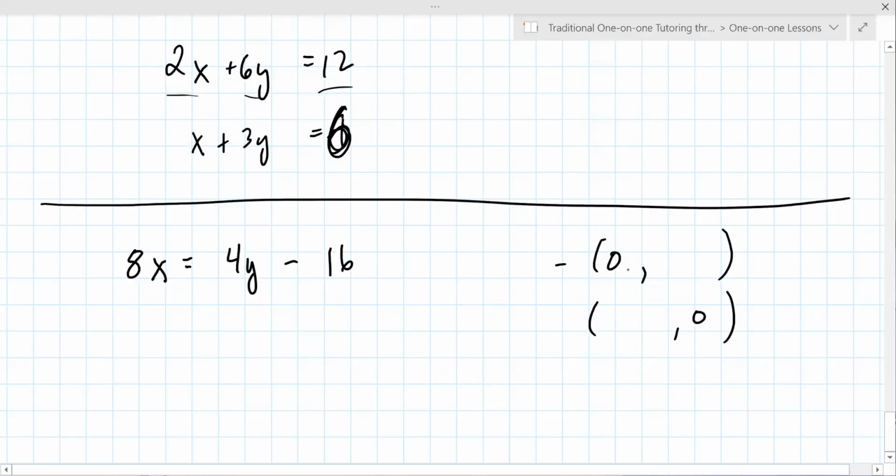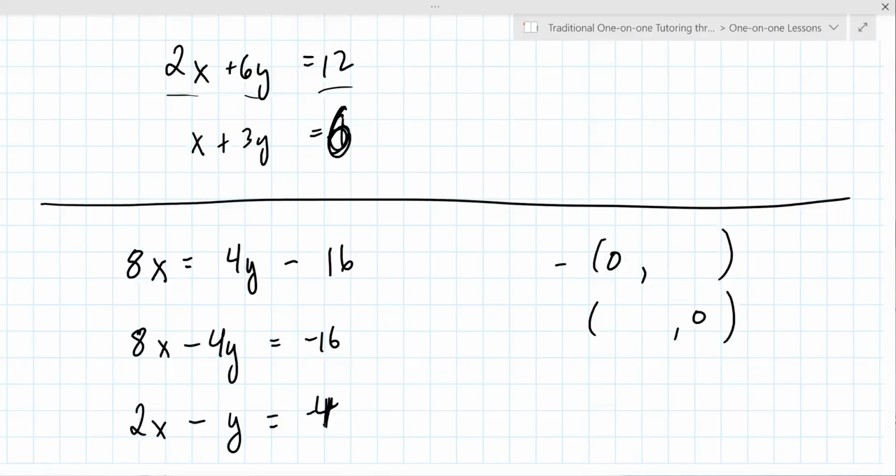So it'd be 8x minus 4y equals negative 16. And then you can reduce it by 4: 2x minus y equals minus 4. Good.